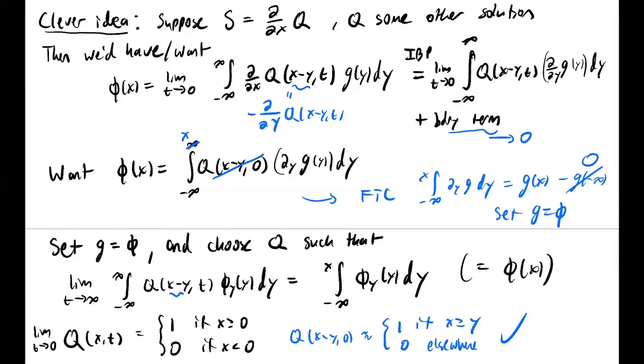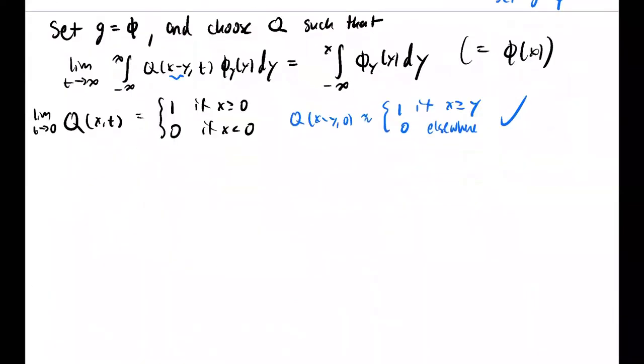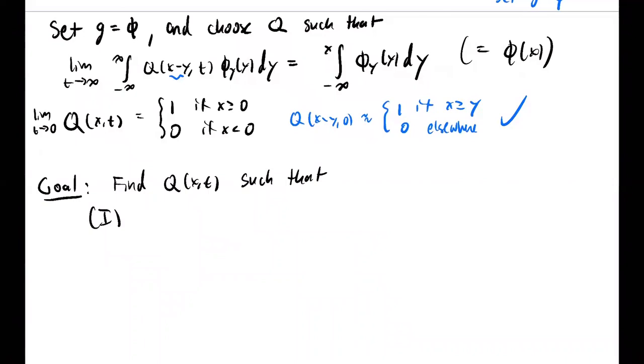Okay, and so now the goal is to find such a q, right? We want to find a function q that satisfies these conditions, and then I'm going to let my source function be the derivative of q. And so the goal is, I want to find a function q of x, t with two conditions. The first condition is just that it's a solution to the PDE, right?